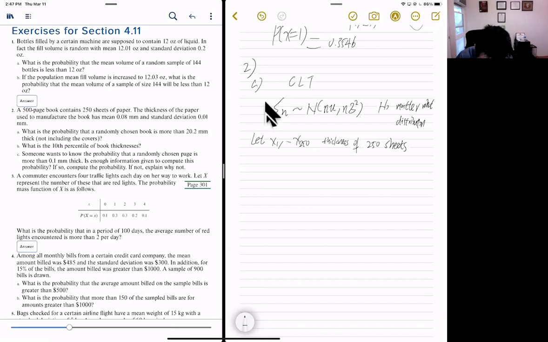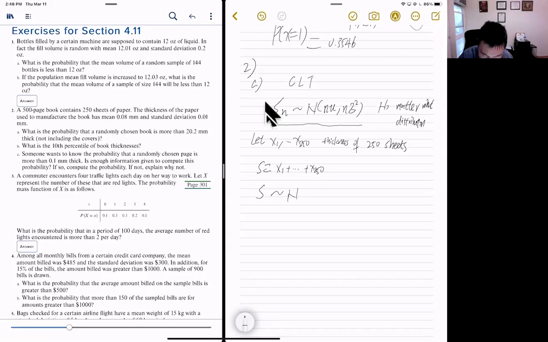So let's define S equal to x1 plus x2 plus up to x250. That's the total thickness of the book. S will follow a normal distribution because, again, this is one of the conditions for the central limit theorem.